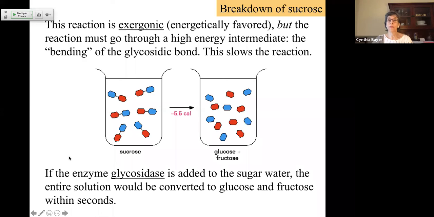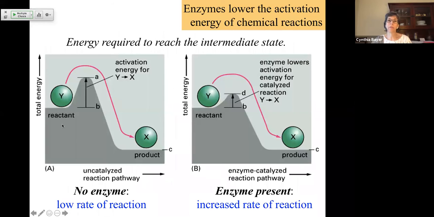So in a cell, cells are regulating their chemical reactions by regulating the activity of enzymes, an enzyme that will accelerate a specific chemical reaction according to the cell's needs. So what is the enzyme doing?